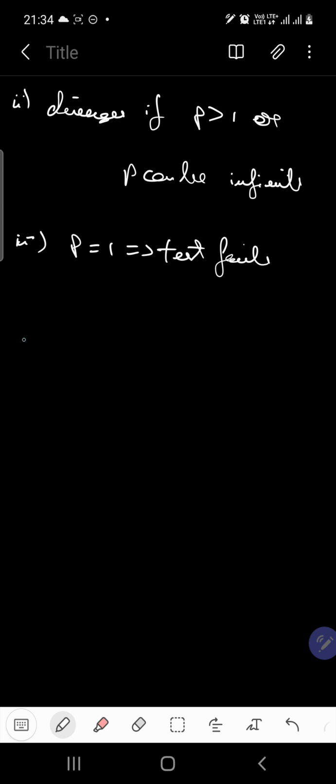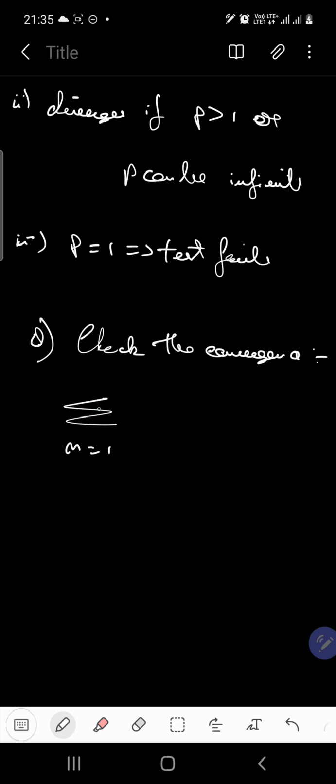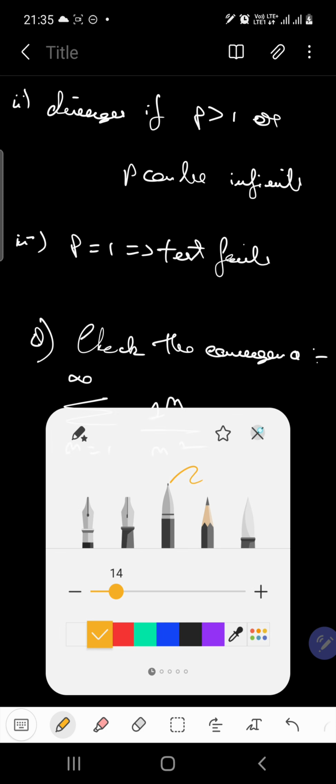Okay. So the question taken is, let's say, check the convergence. That is, check whether it is convergent or divergent. Summation n equals 1 to infinity of 2 to the power n over n squared. Clear?